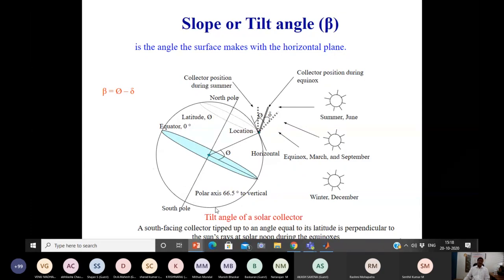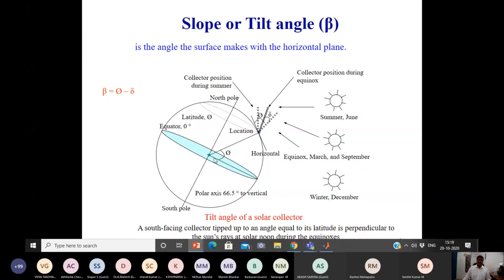If the location is in the southern hemisphere, if the surface wants to see the sun, it has to tilt towards the northern direction. That is the main point we have to remember. If the location is in the northern hemisphere, they have to tilt to the south side, and vice versa.